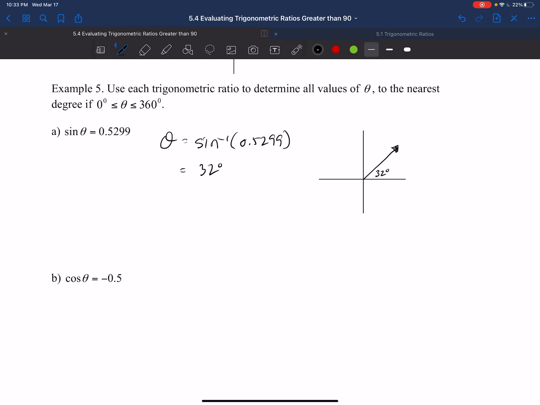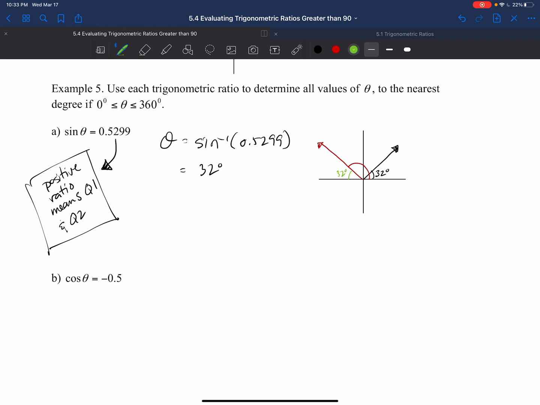Because we're talking about a ratio that's positive, and it's sine, that means it would be quadrant 1, quadrant 2. Because that is where sine is positive. So we have one angle at 32 degrees, and we're going to have another one in quadrant 2 that is 32 degrees away from the x-axis.